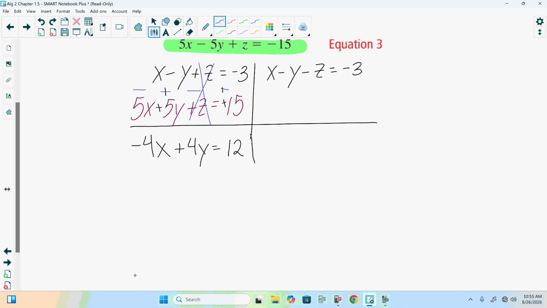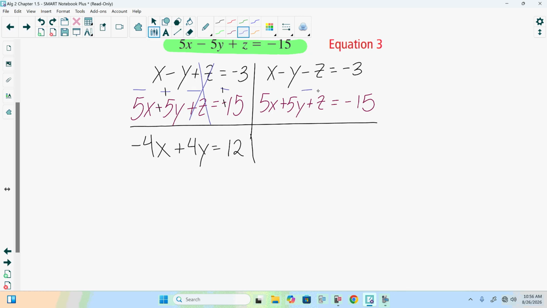Now we need to do the exact same thing to the other equation. 5x minus 5y plus z is equal to negative 15. For this one here, would we add the two equations together, or subtract them? Well, the last one we subtracted, yes?